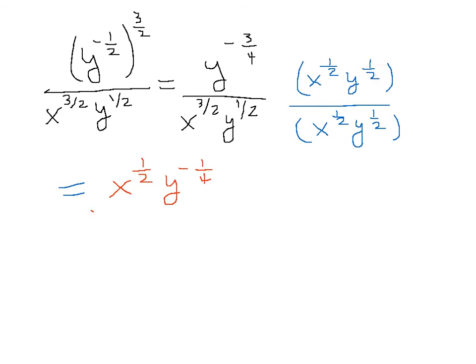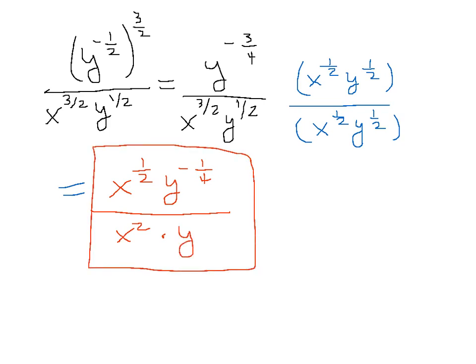But the whole thing now is what happens on the bottom. Well, when I multiply x to the 3/2 times x to the 1/2, I add the exponents and I get x squared, and similarly I get a y. And there you go. So once again, there's the work. Take a second and make sure that you follow every step on that.